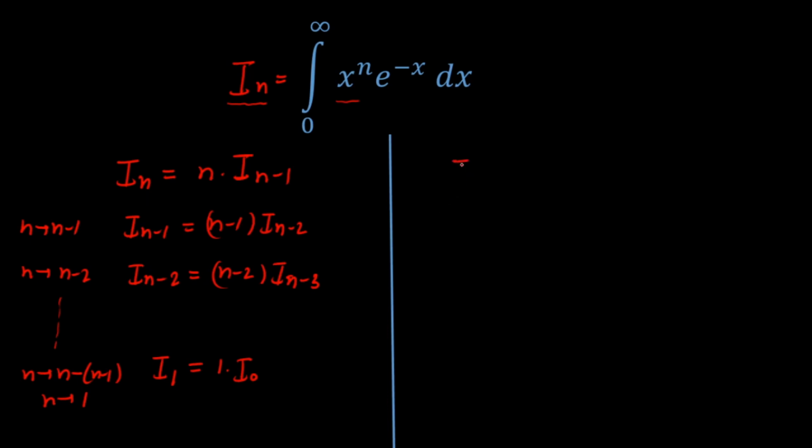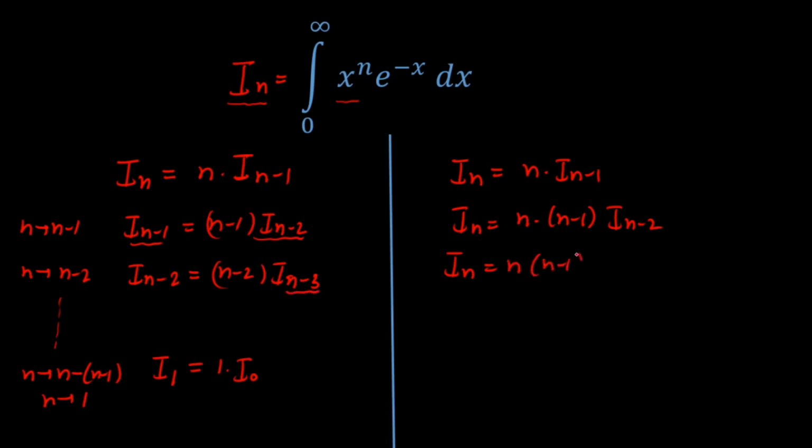I'll show you. So I of n will be equal to n times I of n minus 1. Now I can replace the value of I of n minus 1 in terms of I of n minus 2. So that will be n into n minus 1 multiplied by I of n minus 2. Similarly, I can replace the value of I of n minus 2 in terms of I of n minus 3. That is n into n minus 1 into n minus 2 multiplied by I of n minus 3.